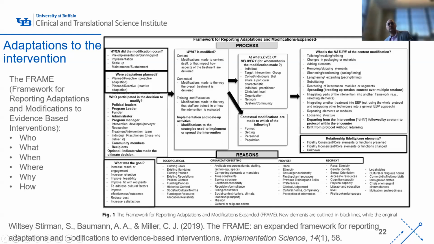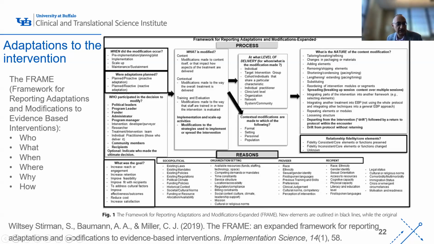So that in a publication, instead of just saying some practices found a workaround and implemented it remotely instead of in person, which is okay but only gets you so far, it's a very inexact way of describing it. You can describe that adaptation much more precisely if you use a framework. And this is an example of a framework that's typically used for this purpose. So again, it's to embrace adaptation and document it clearly so that we can understand why adaptations were made.